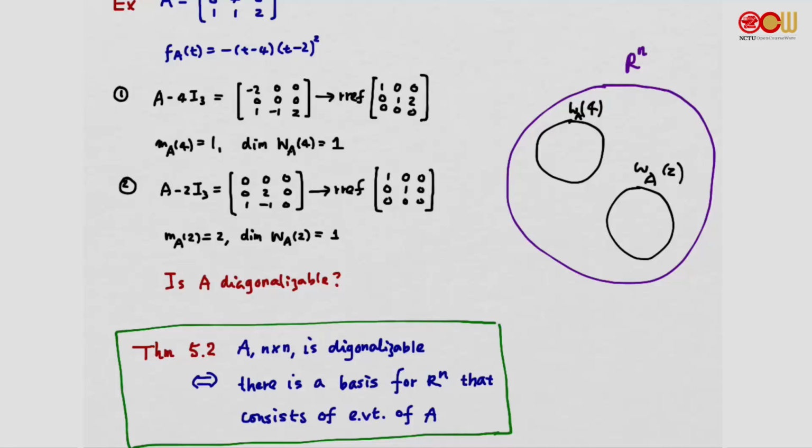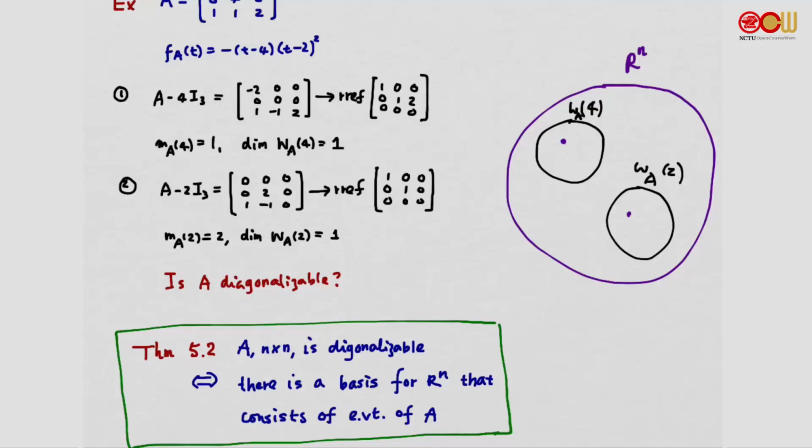The dimension of the first eigenspace is equal to 1, so we can only find one linearly independent eigenvector here. And for the eigenspace W_A(2), the dimension is also equal to 1, so we can only find one linearly independent vector in this eigenspace, but we cannot find more than one.